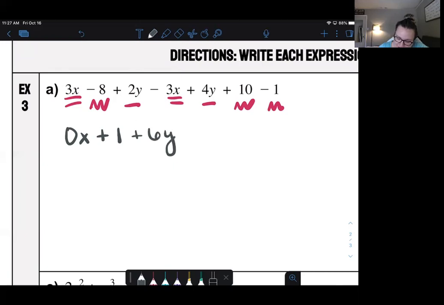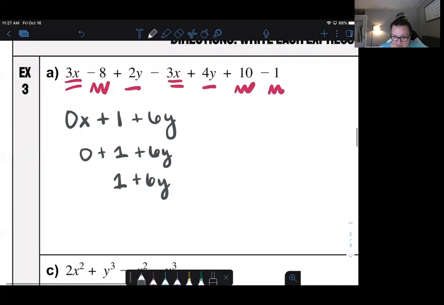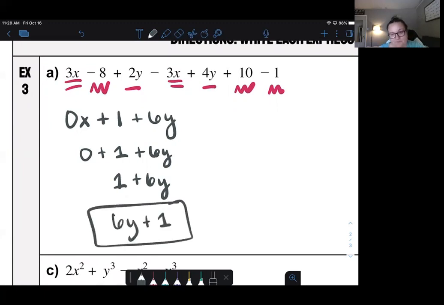Well, 0 times x is just 0. 0 plus 1 is 1. And then when I write my final answer as an expression, I always want to put my variables first, my constant last. So I'm going to put 6y plus 1, and that's my final answer.